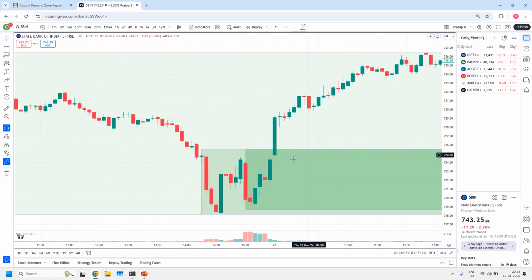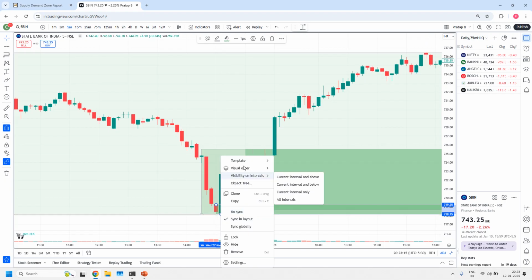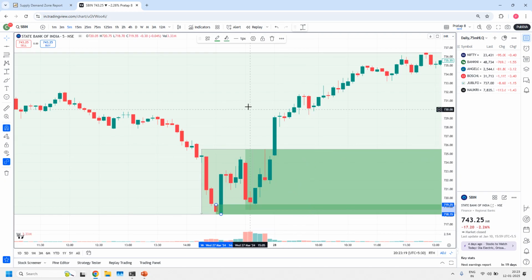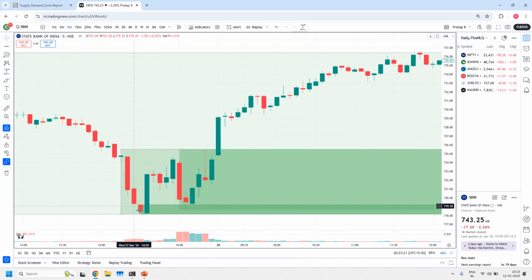Don't know, not really. But here drop base rally is there. This is perfect. Drop base rally. And this drop base rally is the horizon for this fine-tuned 15 minute zone.